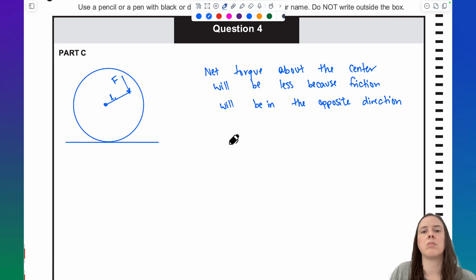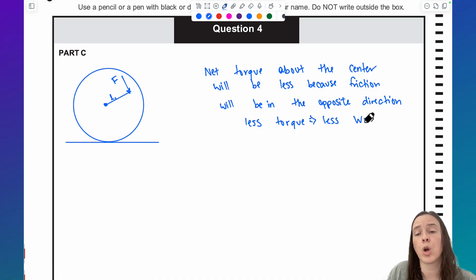Lower net torque means less work. So less torque means less work over one rotation.